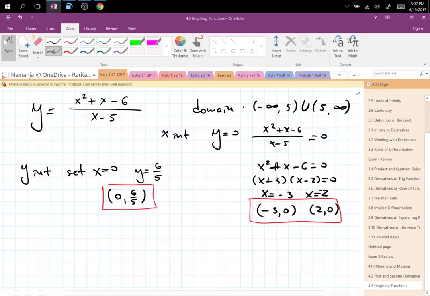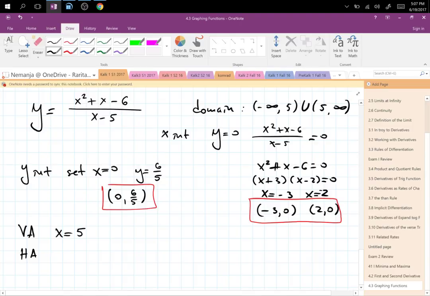The next order of business are asymptotes. Do we have vertical asymptotes? Yeah, where? Very good. So we do have a vertical asymptote at x equals 5. Nice. How about a horizontal asymptote?